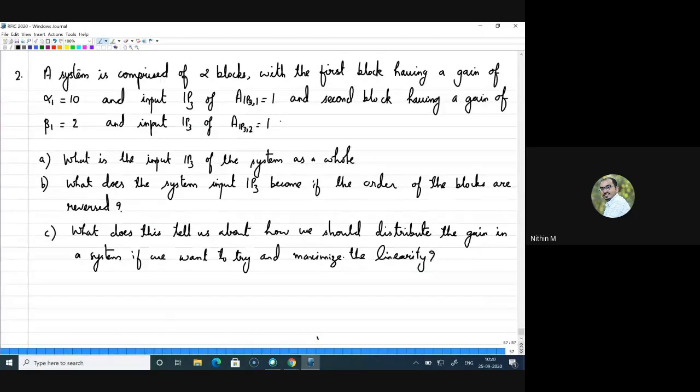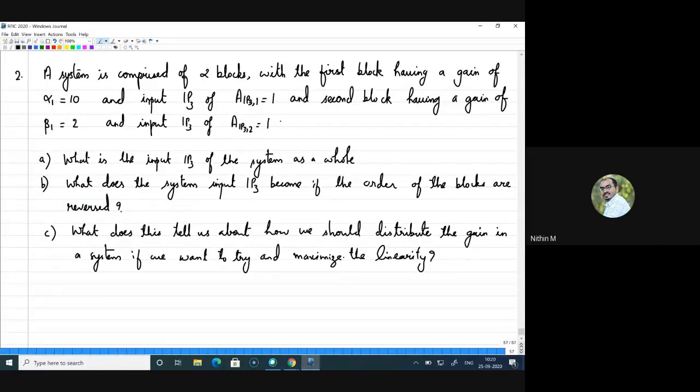There are three parts to this question. A system which is having two blocks. The first block is having a gain of 10 and the second block is having a gain of 2. The AIP3 of each individual block is given as 1. The question is, what is the cascaded IIP3? That is the first question. The second question is, if we are reversing the order of the blocks, that is, the block having alpha 1 of 10 as the second one and the block having beta 1 as 2 as the first one, how will your IP3 change?